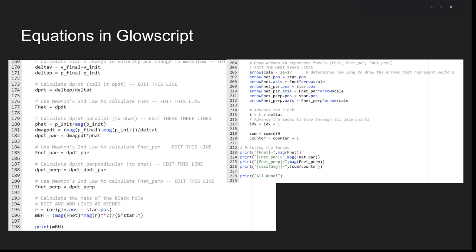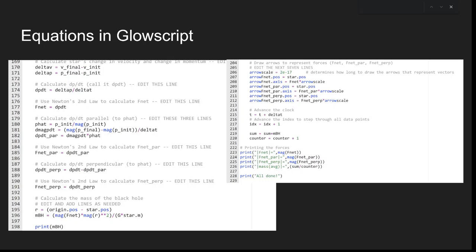Finally, the dp/dt parallel component can be found by multiplying d magnitude of p dt by the p hat value. This value is also equal to the parallel component of F net. Then to find the perpendicular component, we take the total net force and subtract the parallel component of the net force.